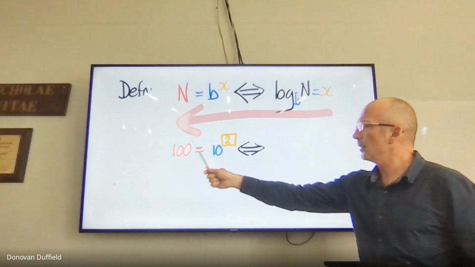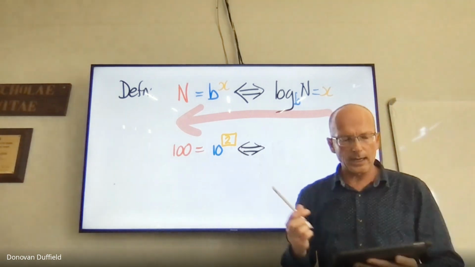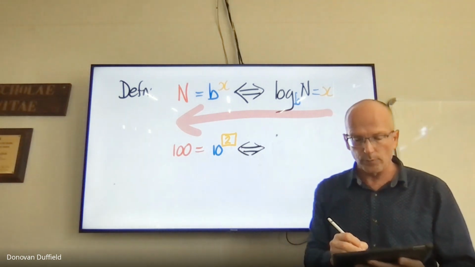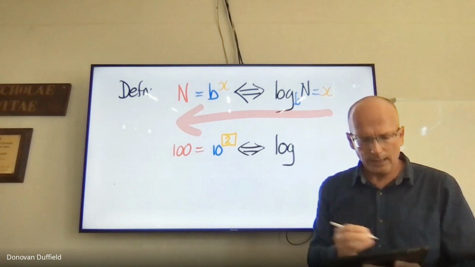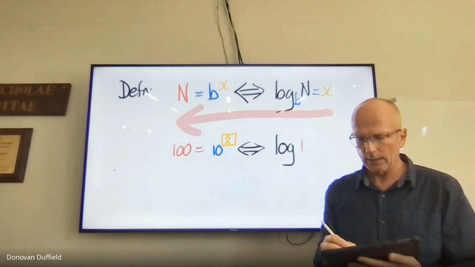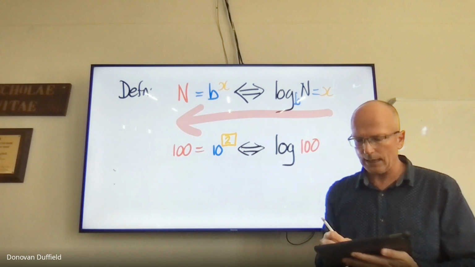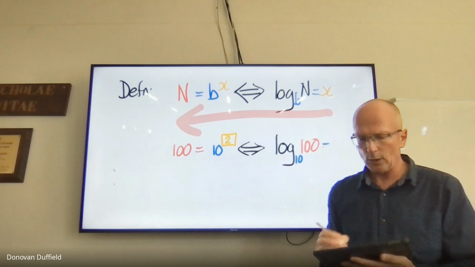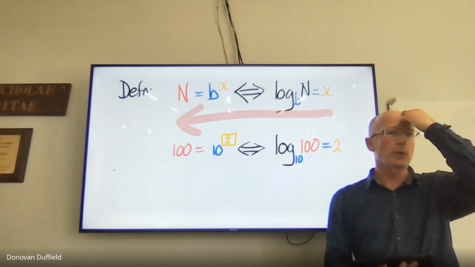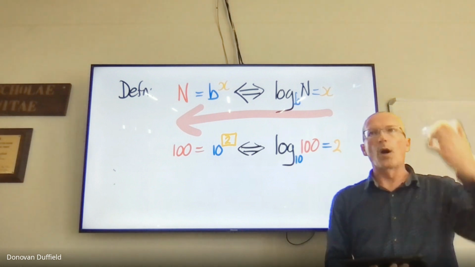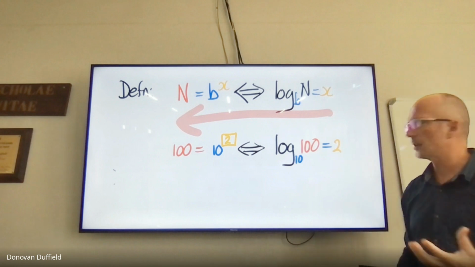So 100 equals 10 to the 2 implies that the log of 100 to the base 10 equals 2.